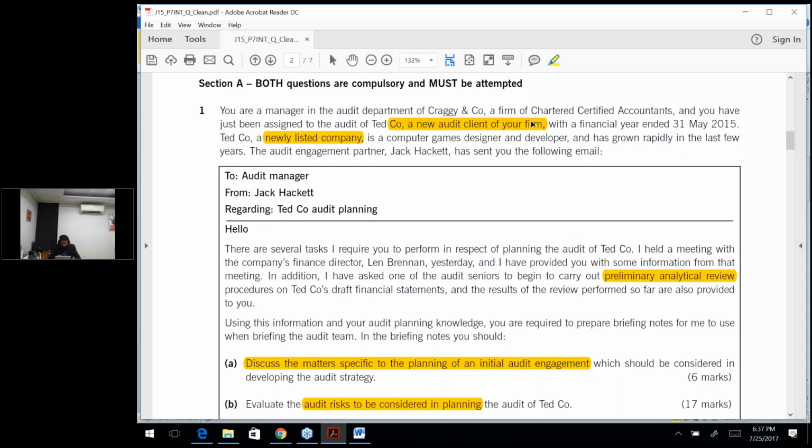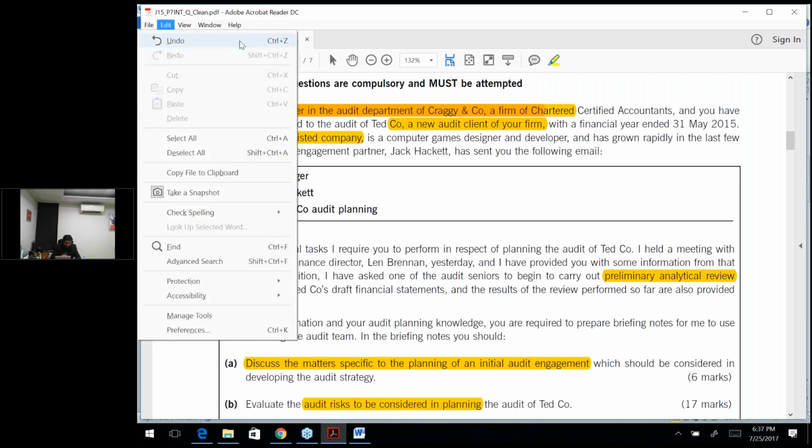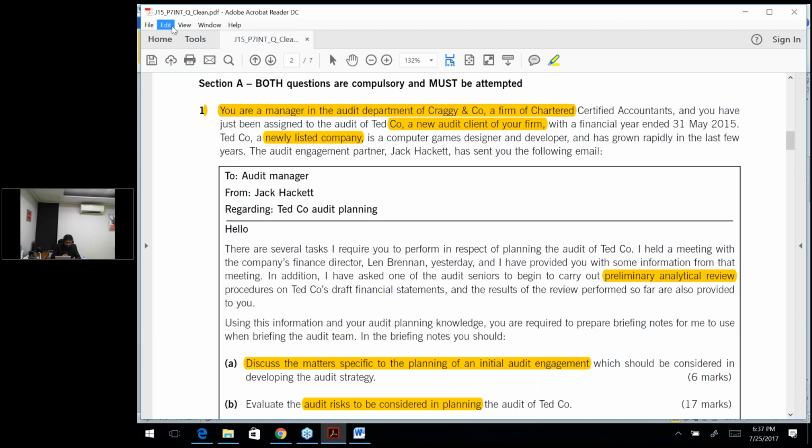Now, when there is a client who is a new audit client of our firm, that actually means that there is a detection risk, which is actually a high detection risk.